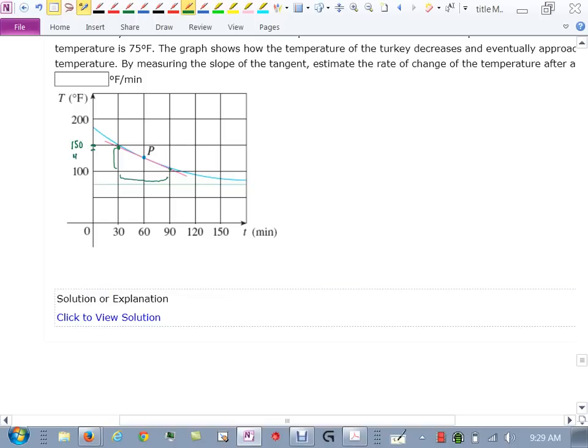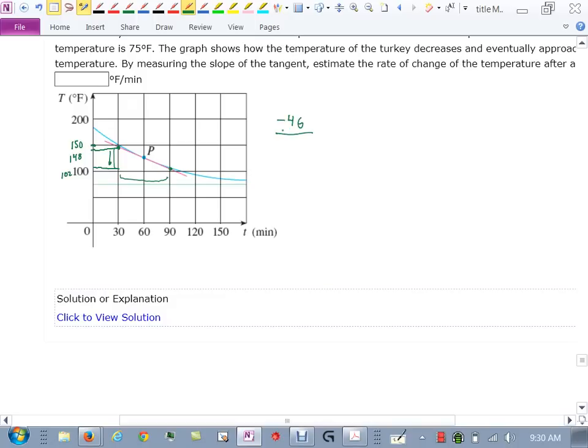It's where it was there. And then when it gets to here, it looks like maybe it's, I don't know, 102. So the rise, or actually you should say you go down here. It went down, so down by about 46 degrees.